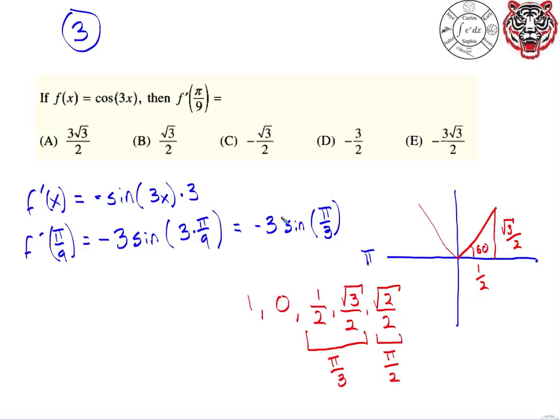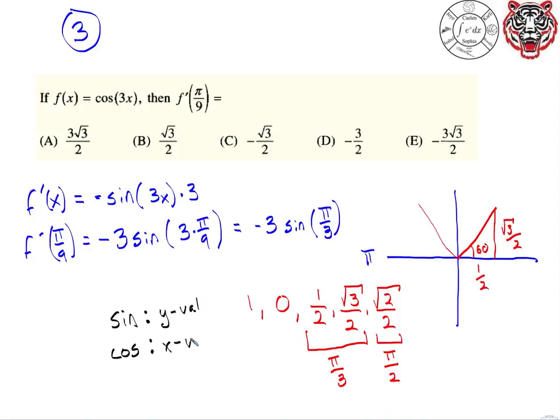All right, and then the other thing that we need to remember is sine and cosine. Sine, does that mean up and down or left and right? It's asking for the y value or the x value. Sine is the y value.